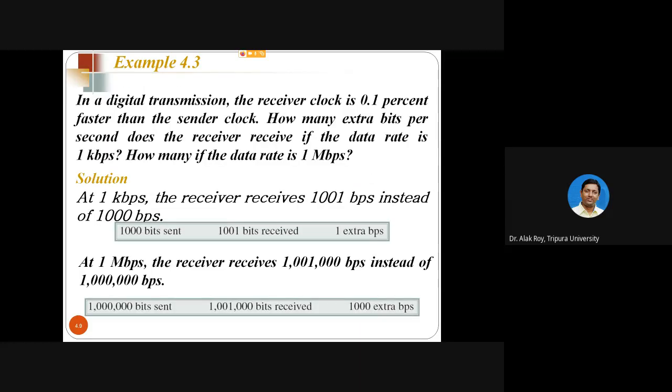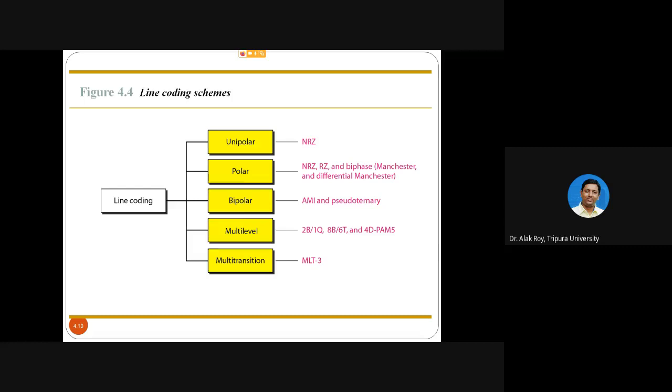These are some numericals you can study for home study, it's given. In line coding, the categories involved are unipolar, polar, bipolar, multi-level, multi-transition. We'll cover the first three: unipolar, polar and bipolar, where in unipolar the category is non-return to 0, NRZ.